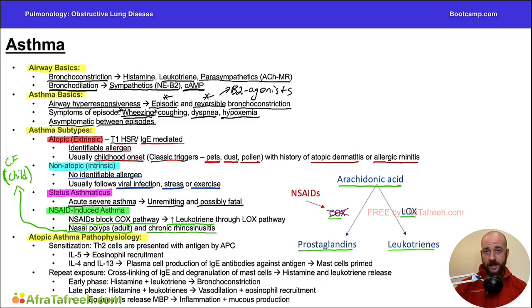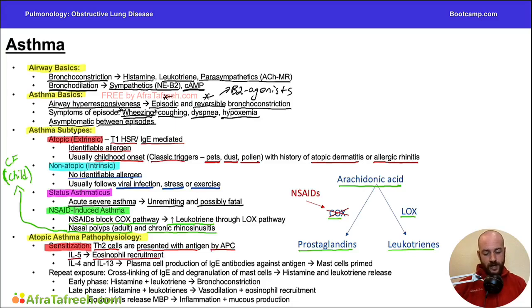Okay, so now just circling back to the text, the first event in the pathophysiology of atopic asthma was called sensitization. Here, a foreign antigen enters the airways for the first time, and Th2 cells are going to be presented with that antigen by antigen-presenting cells, and then the Th2 cells are going to respond by doing two things. One, they're going to produce IL-5, which is going to cause eosinophil recruitment.